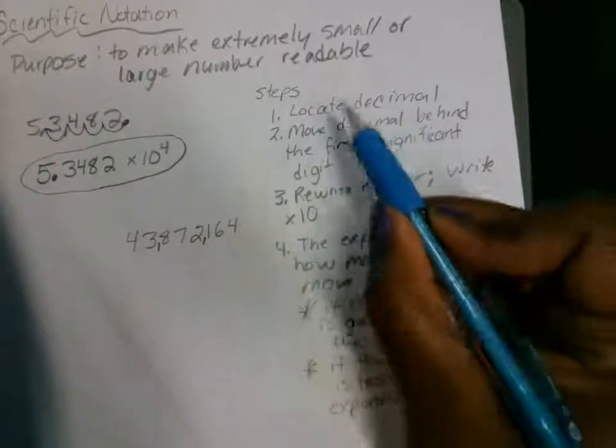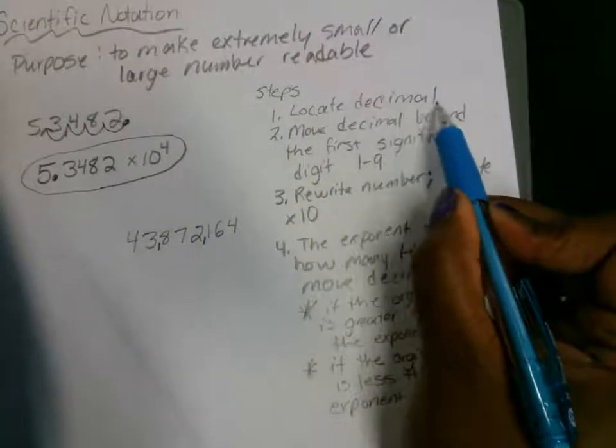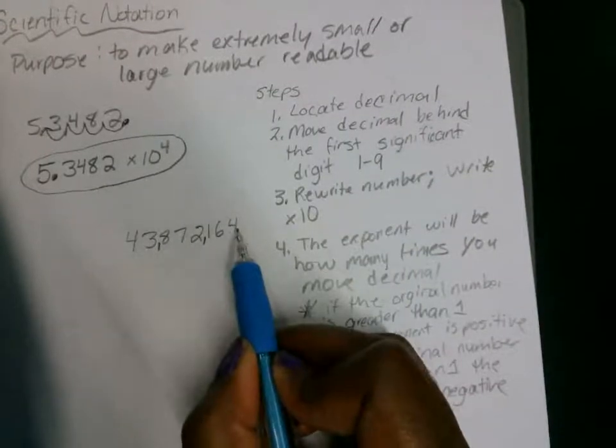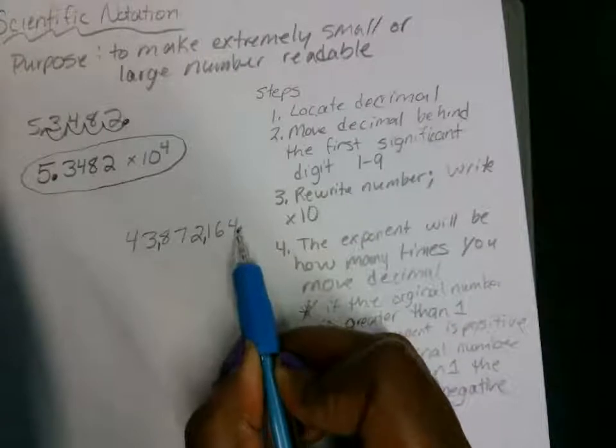Your first step is to locate the decimal. If you don't see the decimal in the number, it's automatically behind that last number. Okay?